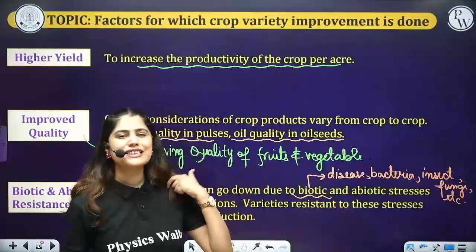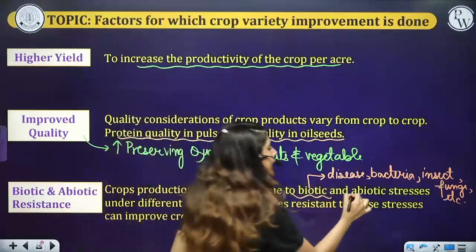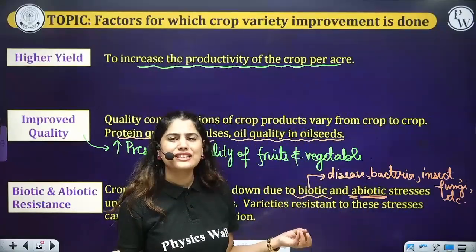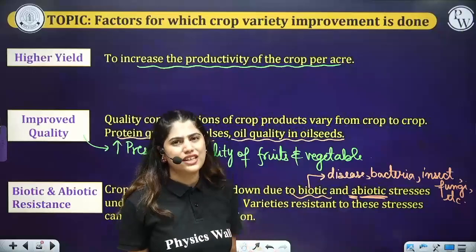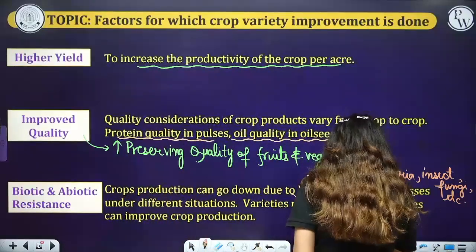And abiotic, see the word A means absent and bio means living. A means absent, bio means living. That is basically the non-living objects, the non-living stuff. The non-living things can also affect your crop.